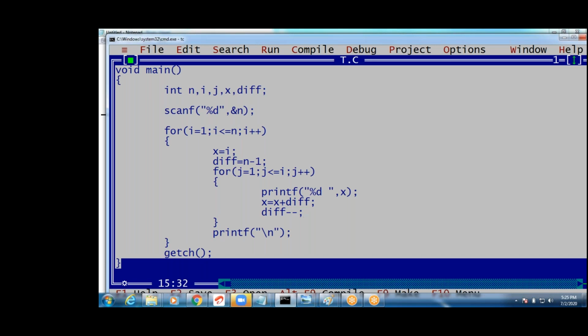Completed, huh? Yeah, next one, guys. Last pattern today, right? Remaining patterns you have to try, guys. Next one.